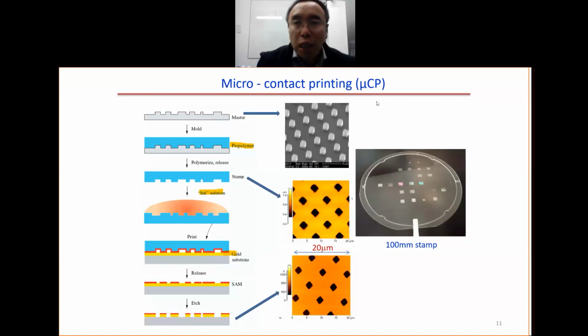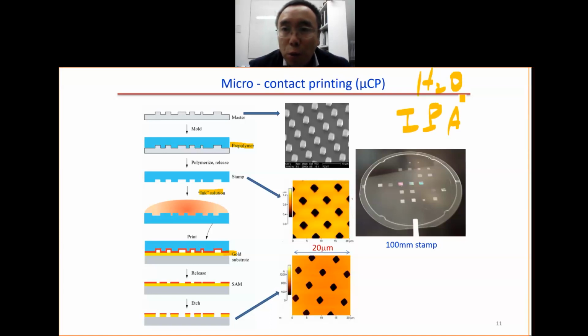So the question is, what is a good ink molecule? What is a good ink solution? For example, can we use a solvent like IPA, or maybe water? Can we use water or isopropyl alcohol as the ink?